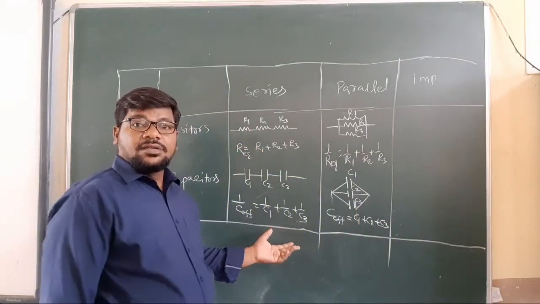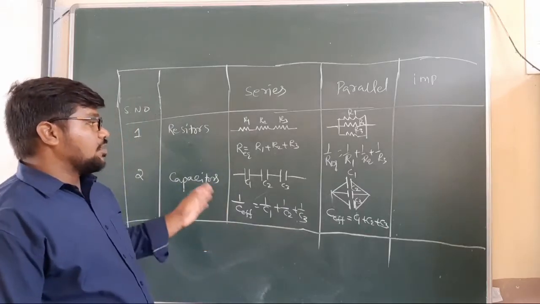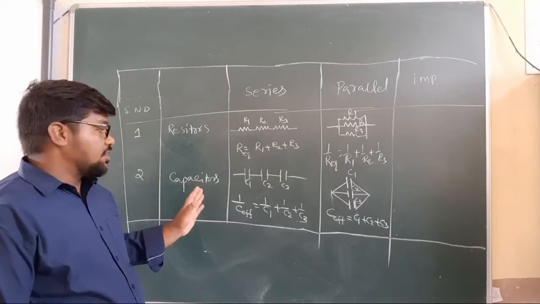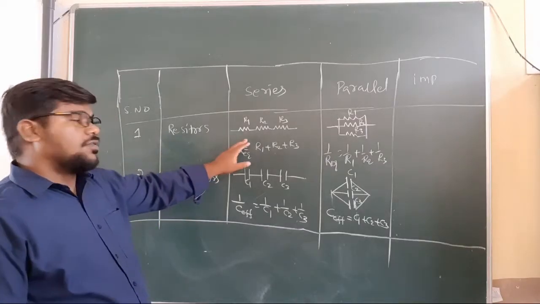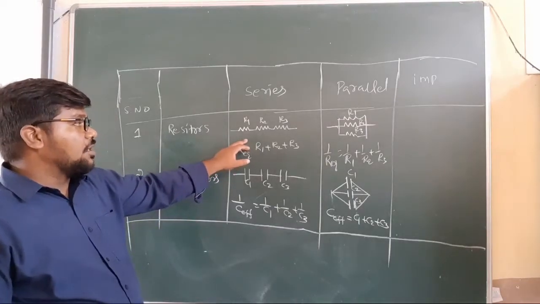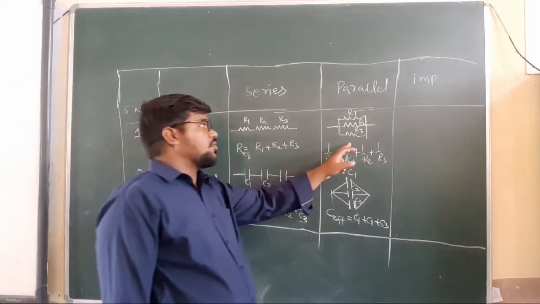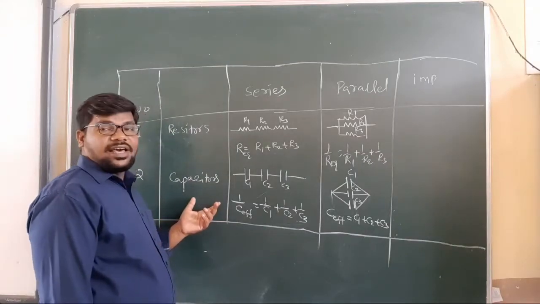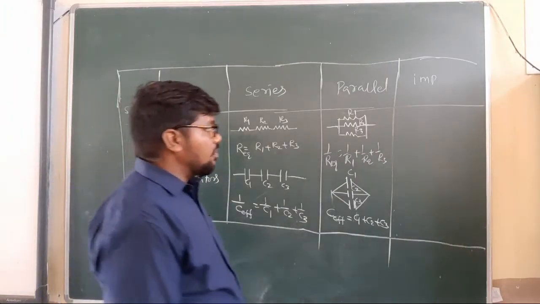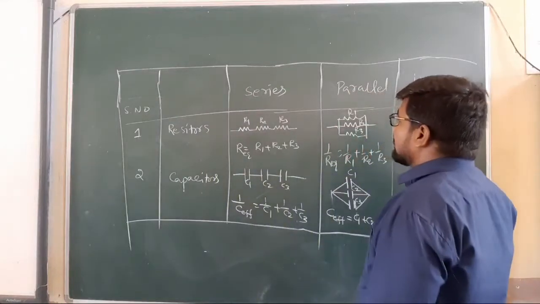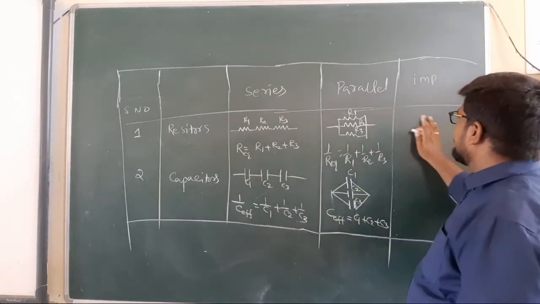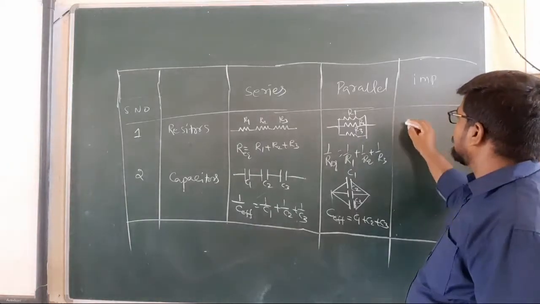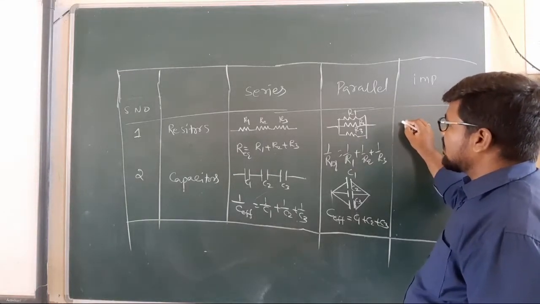Clear, my children? So once you go through it, if there is some confusion, please avoid that confusion. For resistors, we use this formula for series and one more formula for parallel. For capacitors, it is the opposite. Okay, be careful. In a series combination, the charge is constant, we use the junction rule.